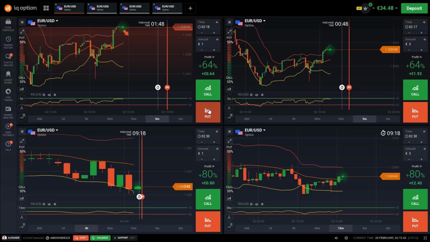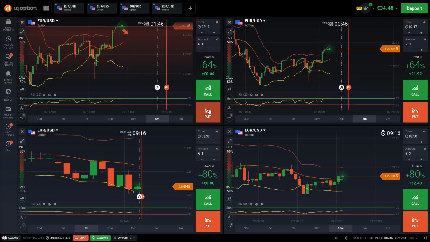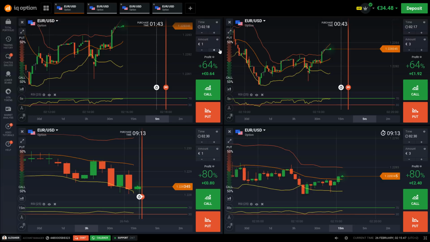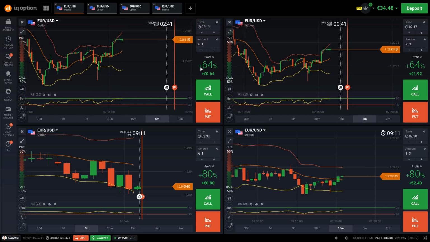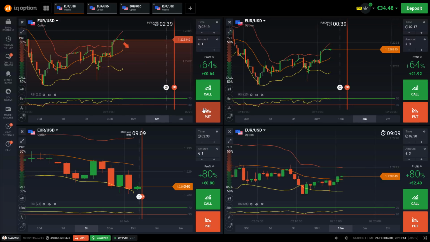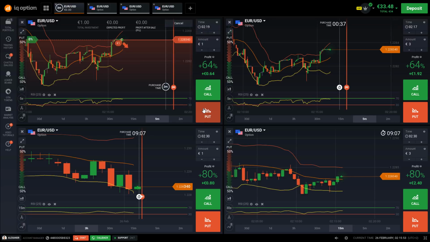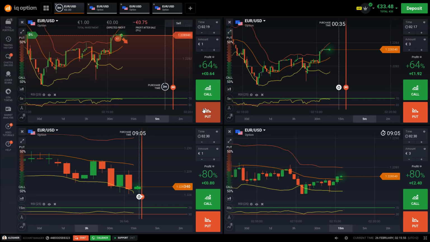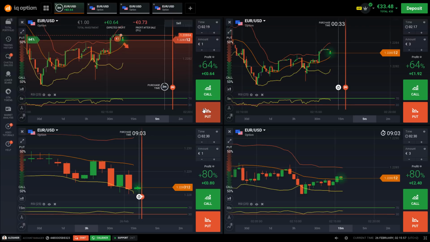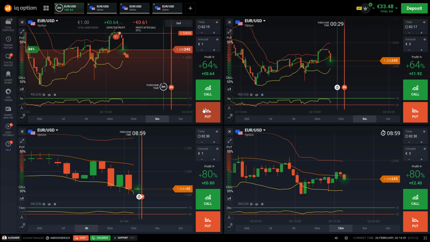This is a little tricky. There's no guarantee green's gonna turn into the red and come down at this point, even though it is at the top of RSI on the 5 seconds. But on a 30 seconds RSI, it's undecided.